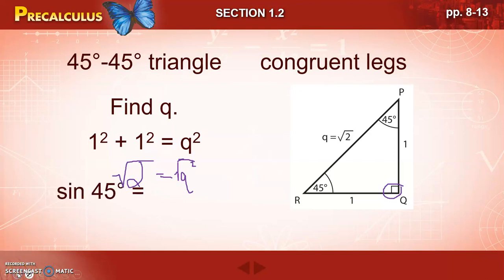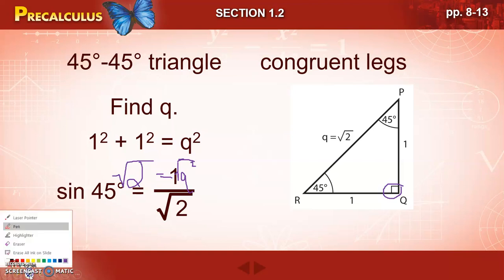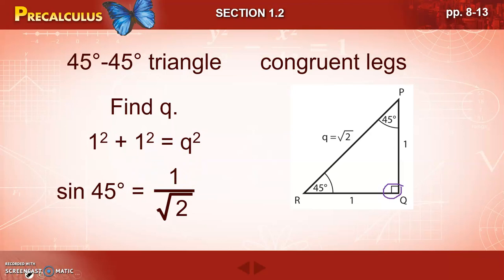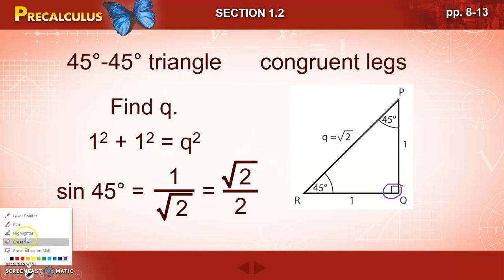The sine of a 45-degree angle then is 1 over square root of 2, but we've got to rationalize that denominator, and when we do, we get root 2 over 2.